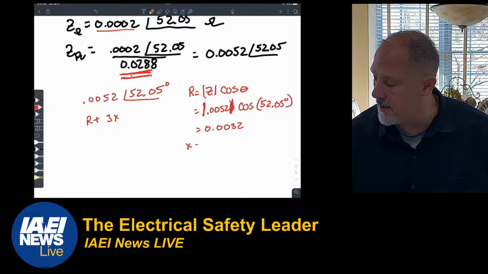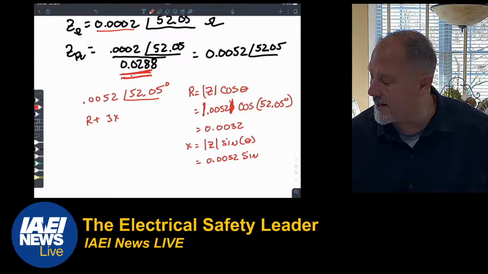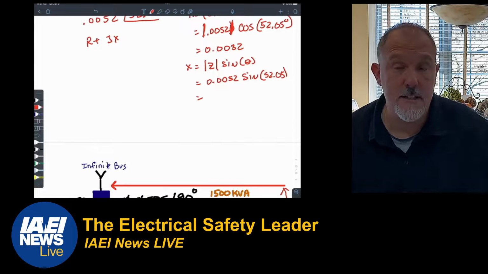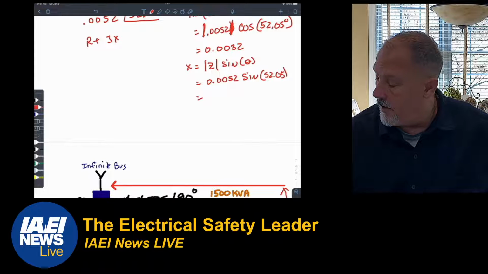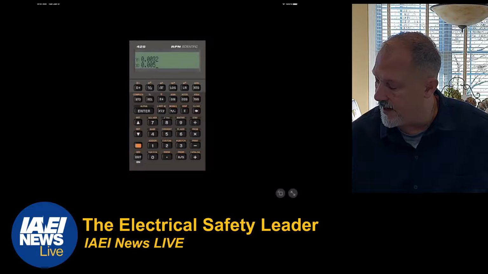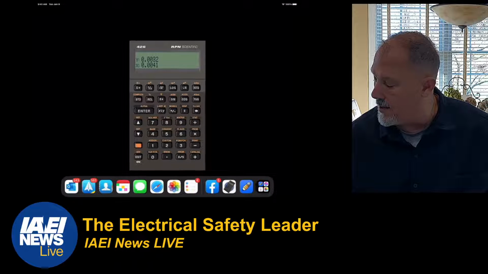X is equal to the magnitude of Z times sine of theta, which equals 0.0052 times the sine of 52.05. Gosh, you've got to love this stuff. 0.0052, 52.05, sine, times, 0.0041.